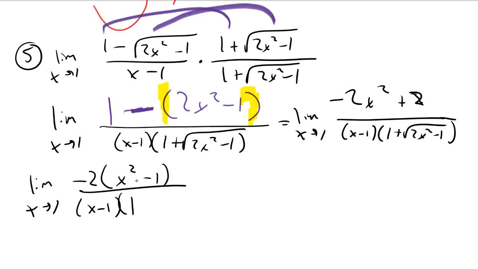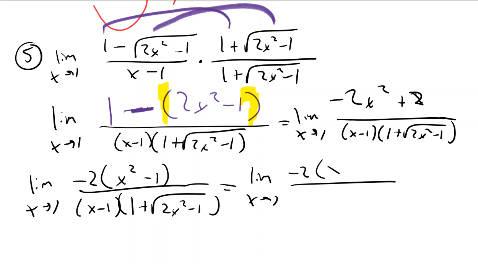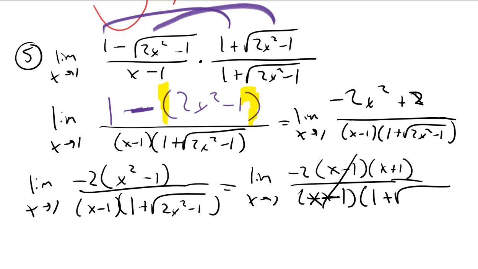And then what can I do with this x squared minus 1? Okay, so factor it, difference of two squares, which is where the x minus 1 cancels. Again, if you're in indeterminate form, you really need something to cancel.